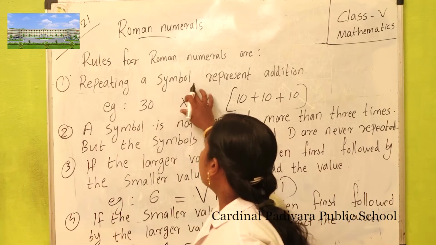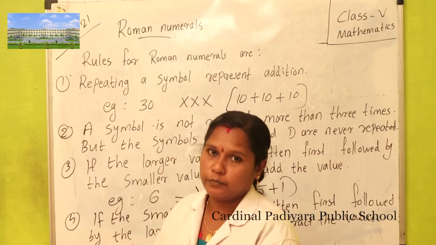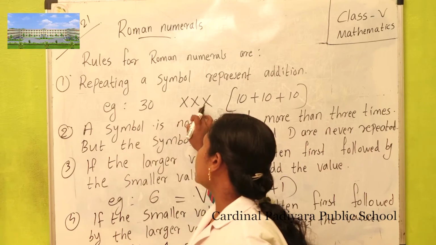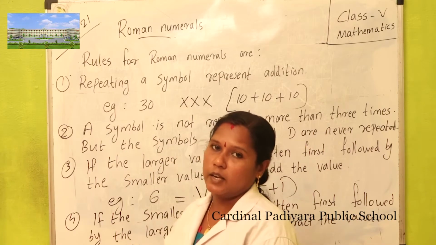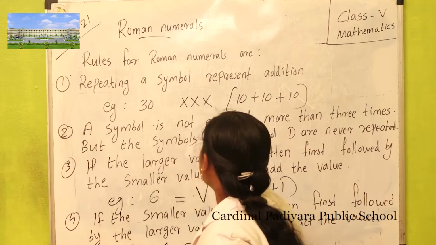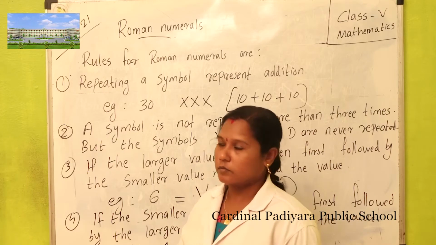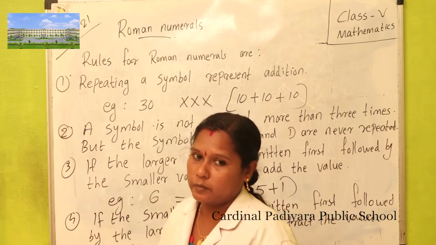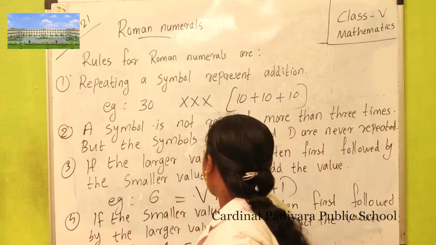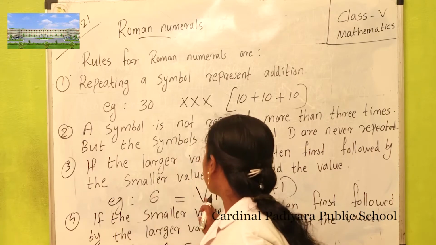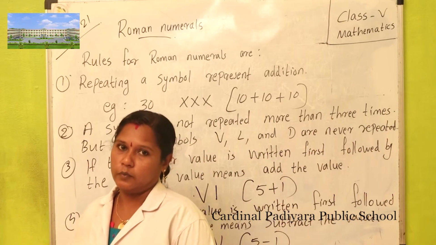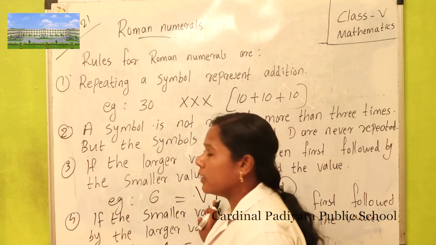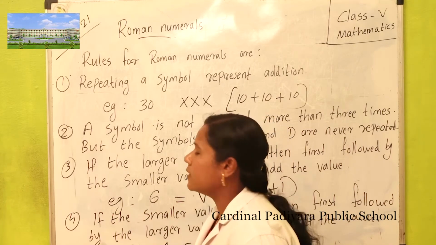First rule, repeating a symbol represents addition. 30 is XXX, that means 10 plus 10 plus 10. Second rule, a symbol is not repeated more than 3 times, but the symbols V, L and D are never repeated. Third, if the larger value is written first followed by the smaller value, add the value. 6 is VI, larger value 5 followed by the smaller value, 5 plus 1 is equal to 6.